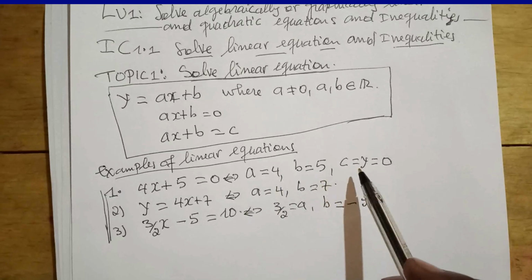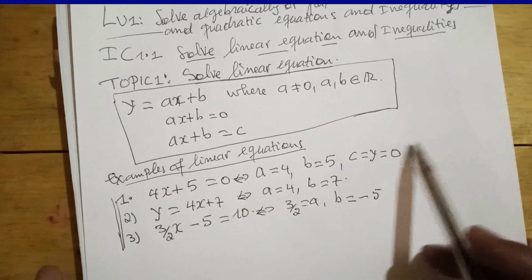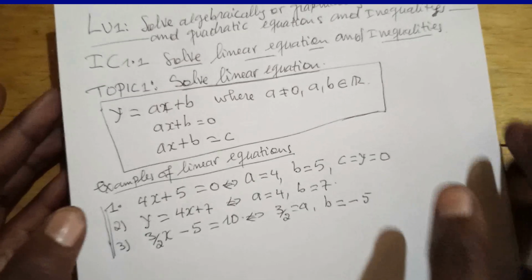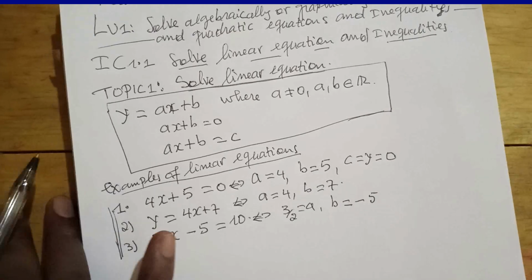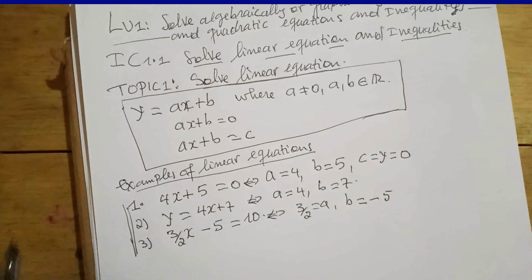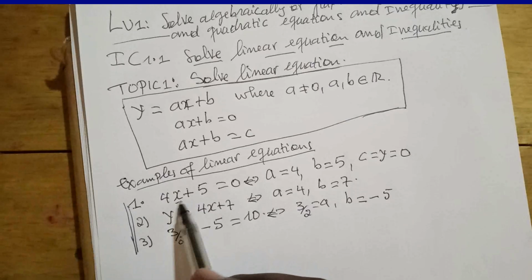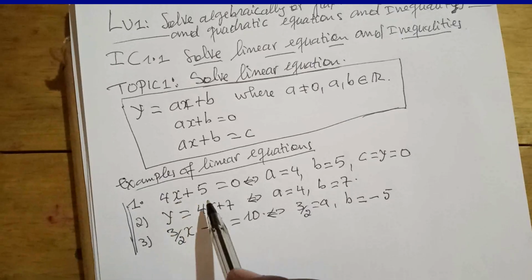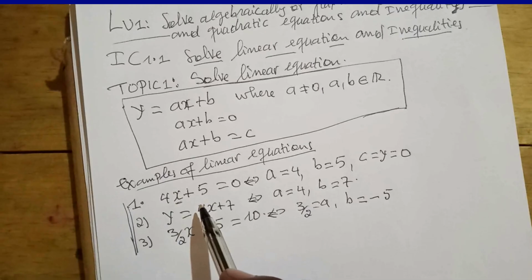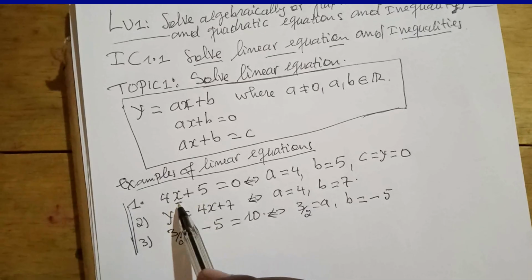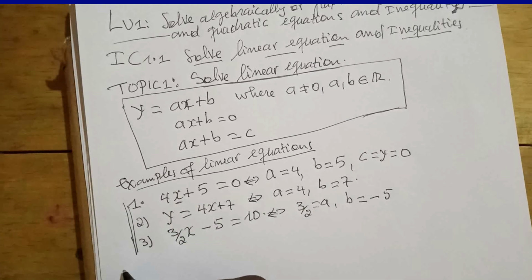So let us see how to solve and what is solving. When we say solve a linear equation, the question is to find the value of x in that equation. So we have methods used to find the value of x, or the value of variables, or value of unknown.